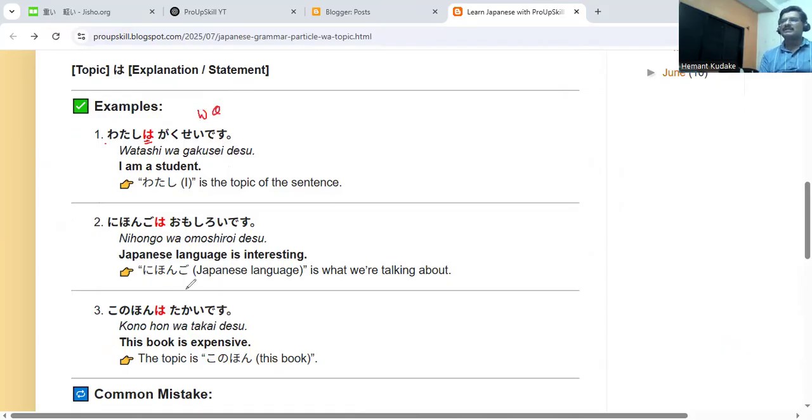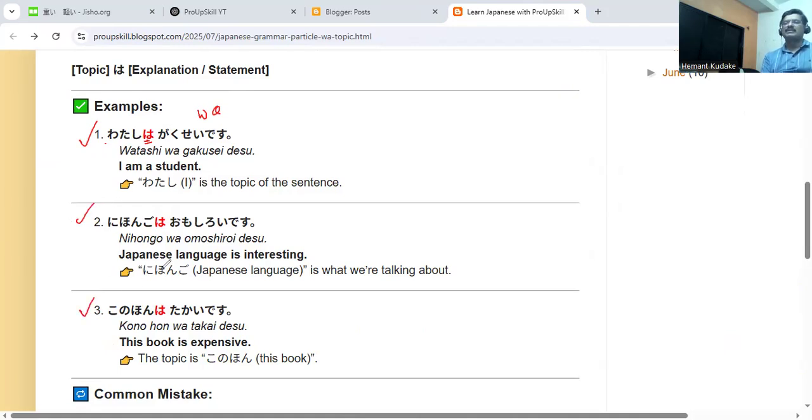And if it is coming at the start of the word, then you will pronounce it as ha, like in hatarakimasu and hajimemasu. That is ha. But if it comes at the end of the word, you will pronounce it as wa. We have done this example as well.